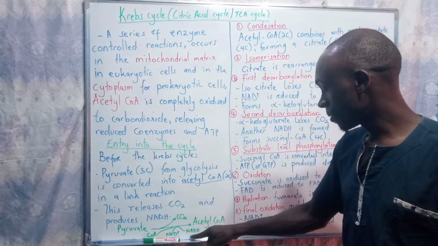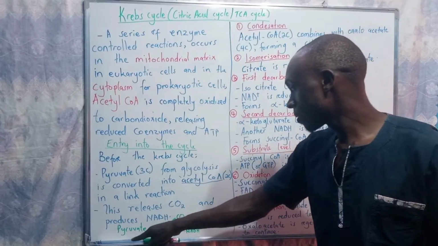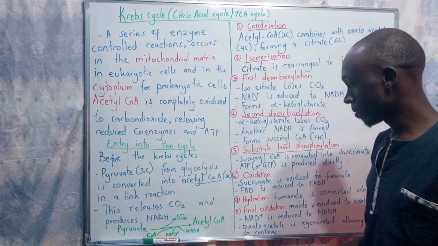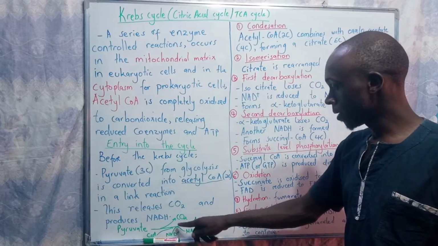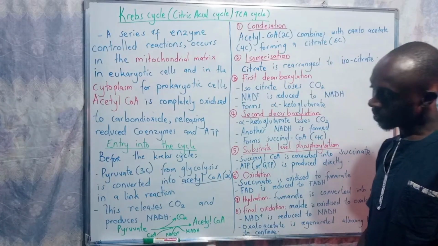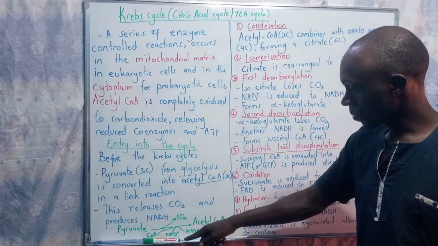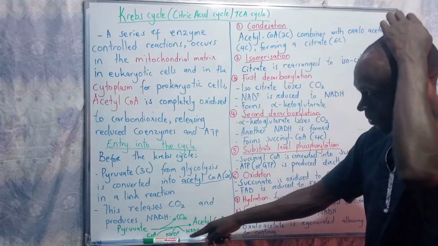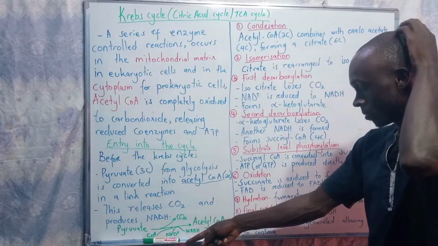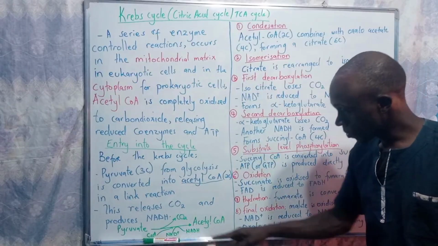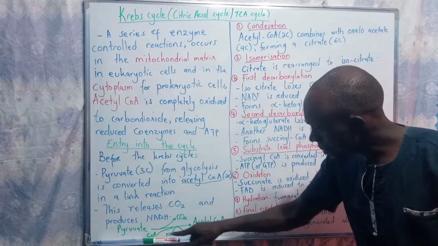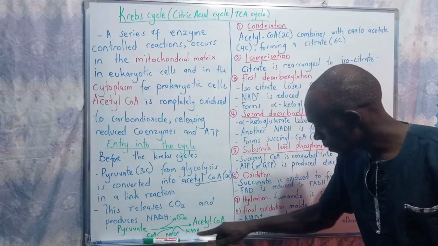So it means that oxidation of the pyruvate occurs at the same time. So there is oxidation and then decarboxylation taking place at the same time. What is being oxidized? It is the pyruvate being oxidized by the oxidized NAD, and oxidized NAD is reduced to NADH. So it means that this oxidized NAD picks up a hydrogen from the pyruvate to form reduced NAD.